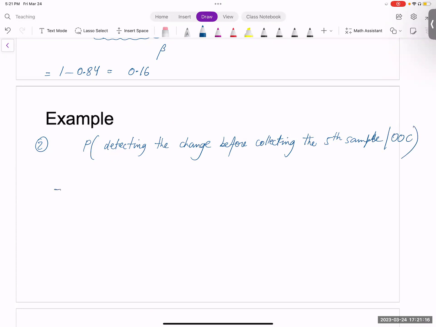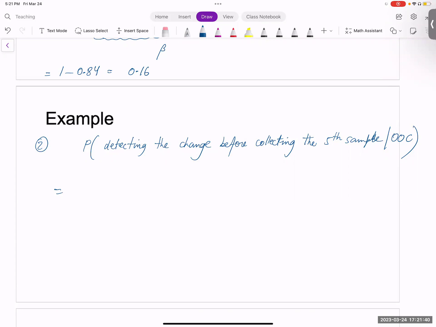Now I can say that the probability of detecting the change before collecting the 5th sample is essentially maybe your first sample can detect the shift, or maybe the first would not detect, the second can detect, maybe the first 2 cannot detect, the third can detect, maybe the first 3 cannot detect, the 4th can detect. Now I can see there are multiple possibilities here.